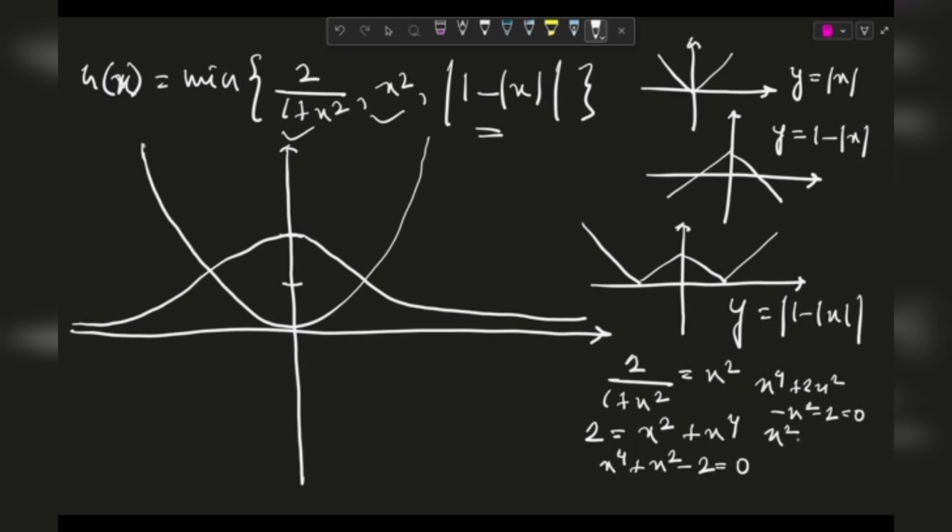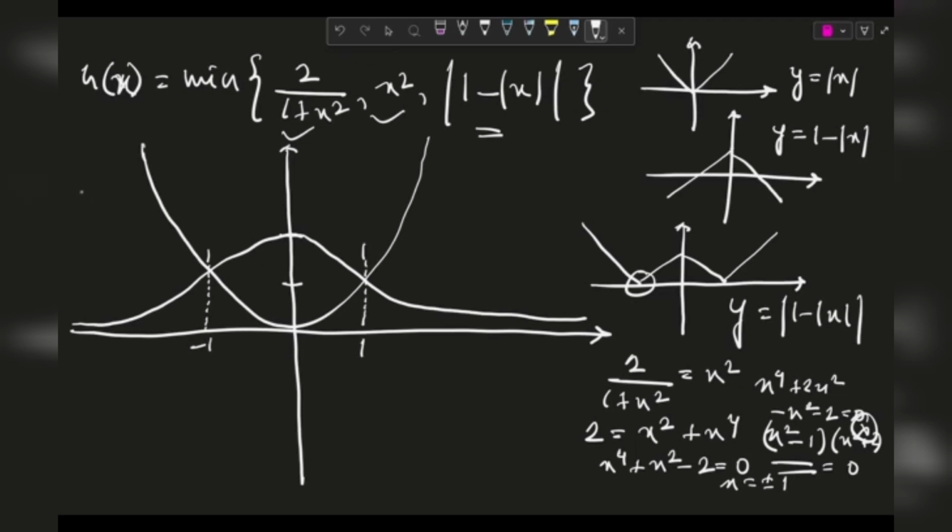So this is x square minus 1 times x square plus 2. So x square can't be minus 2, so x is intersecting at plus minus 1. So what I wanted to check is whether these points are lying underneath each other or not. So yeah, it's doing. So minus 1 and 1.